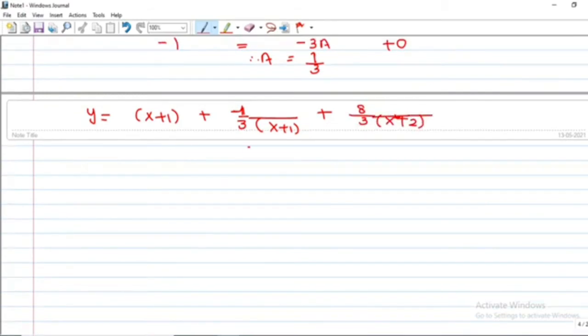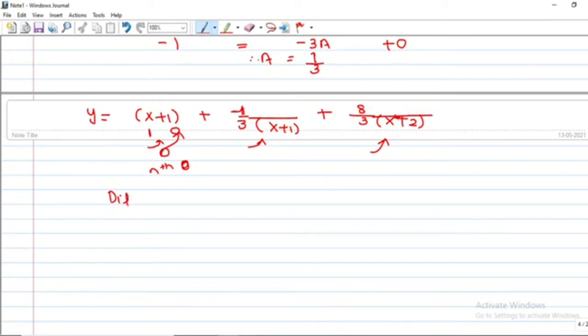Now we know the nth derivative formula for these two. If I differentiate the first term once, it becomes 0 and this becomes 1. If I differentiate again, the whole thing becomes 0, so its nth derivative will surely be 0 only. So I'm not concerned with this one, I'm concerned with these two.